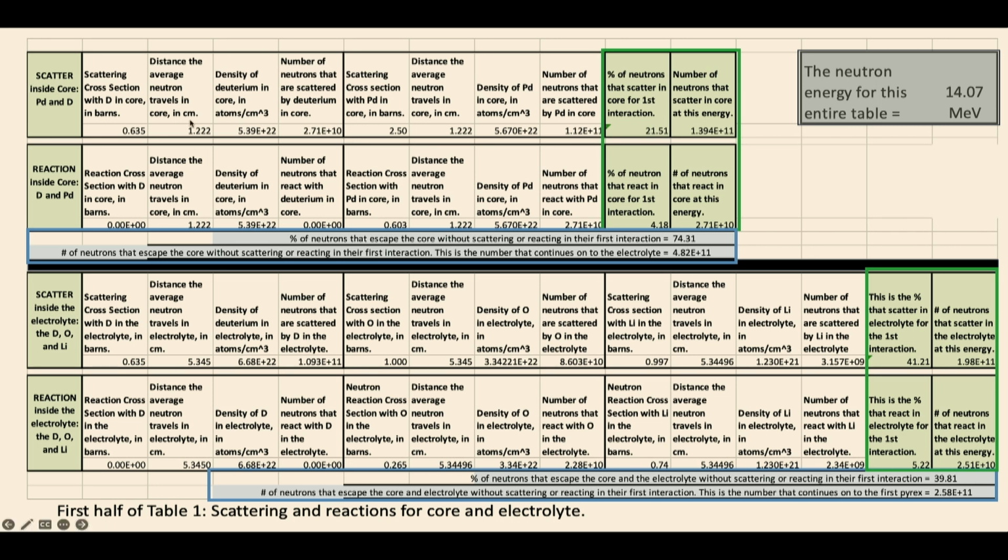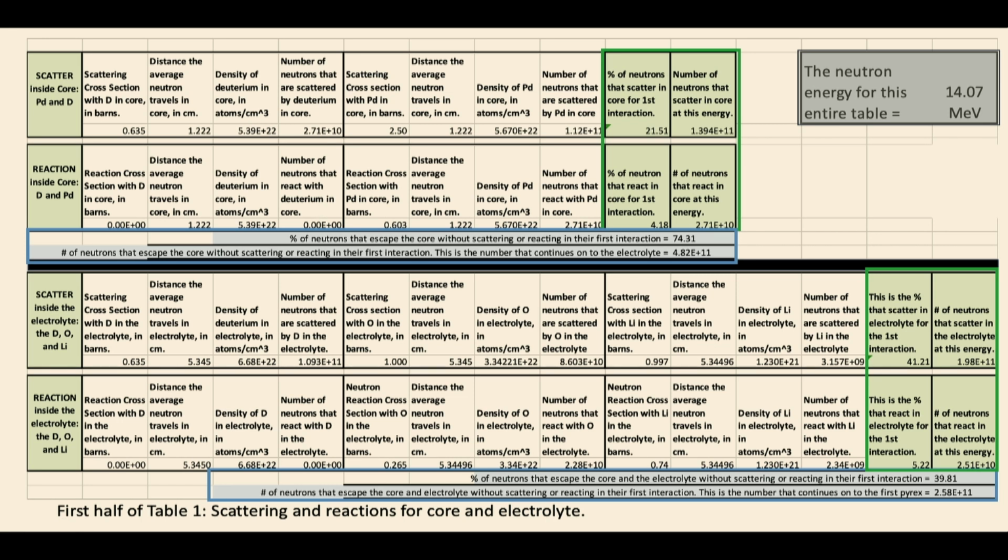And the information in the columns for both the top 2 rows is the cross-section of the interaction, the distance that the average neutron travels in that particular segment, the density of the interacting isotope, and the resulting number of interactions.